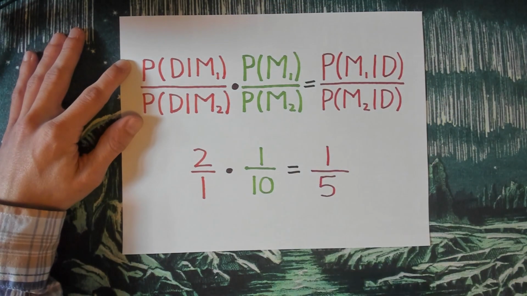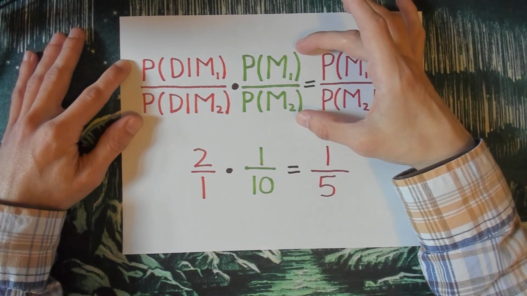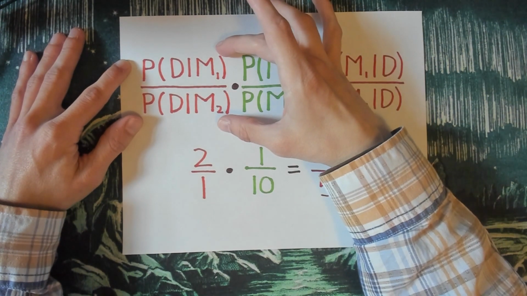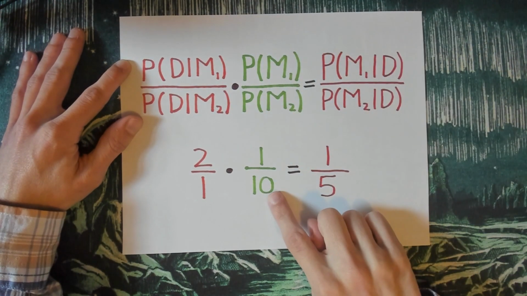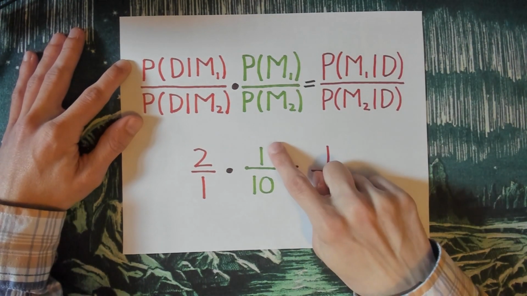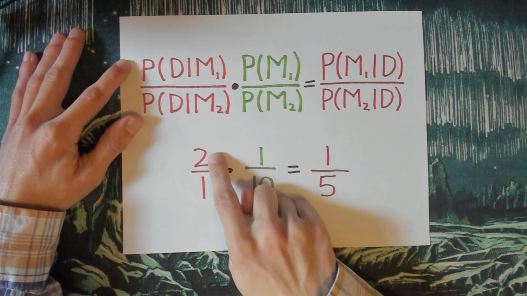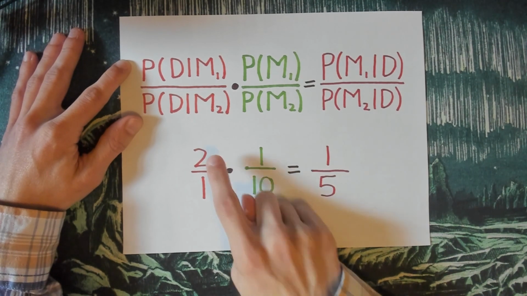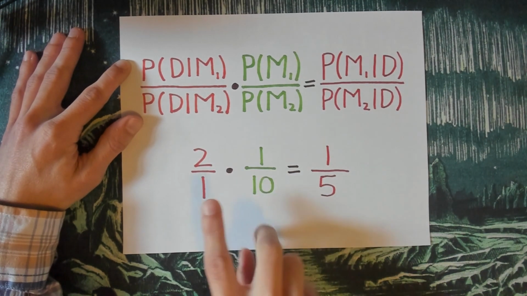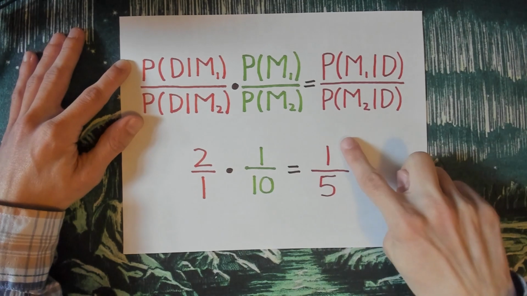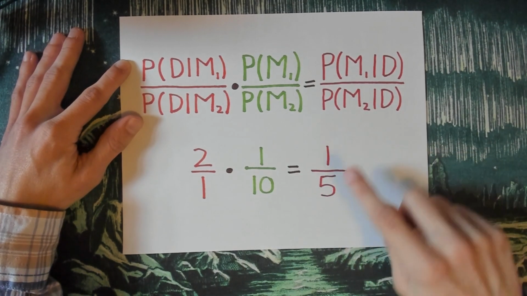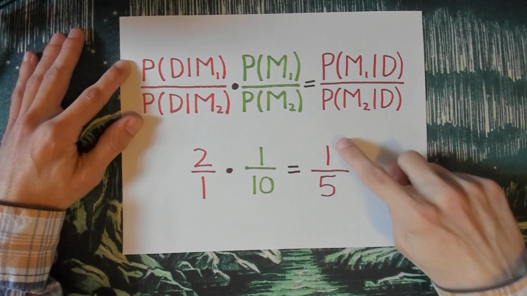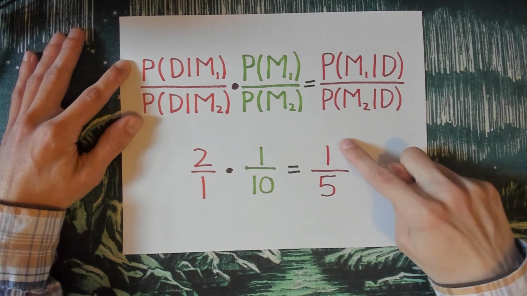So what I'm going to do is multiply my prior odds by the Bayes factor. So prior, I like model 2 10 times more than model 1. But the data likes model 1 2 times better than model 2. So when I multiply these together, I get 1 over 5, which means I'm going to like model 2 5 times more than model 1, so to speak.